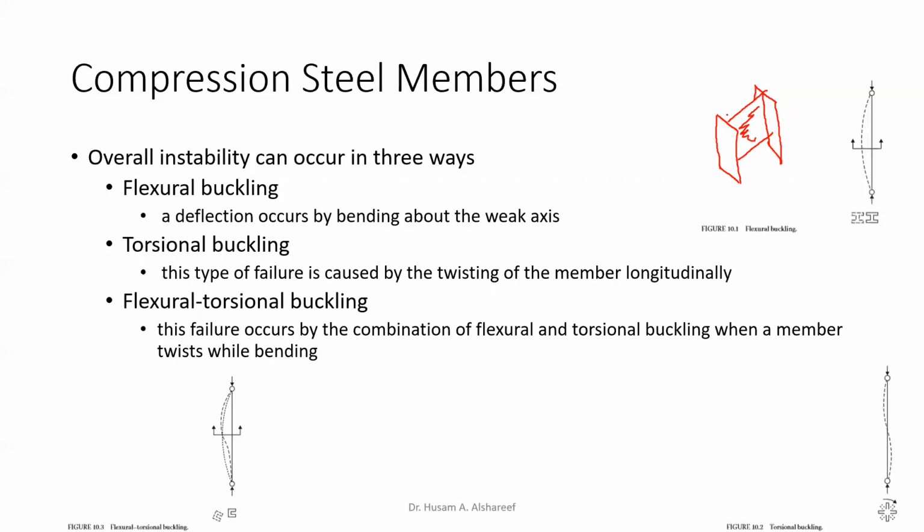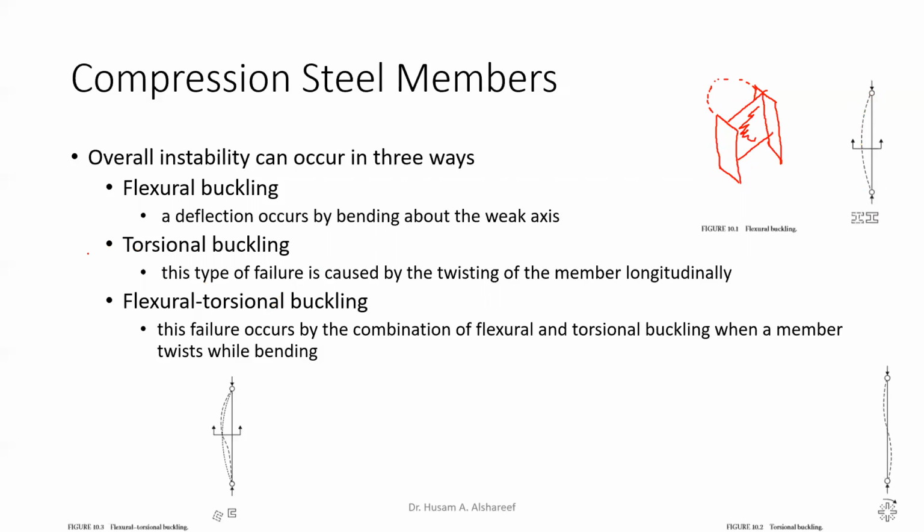This is the strong side. So the column typically does not easily buckle this way, but it's easier to buckle this way because here the web is weak as opposed to the flange. So this is what represents it here.